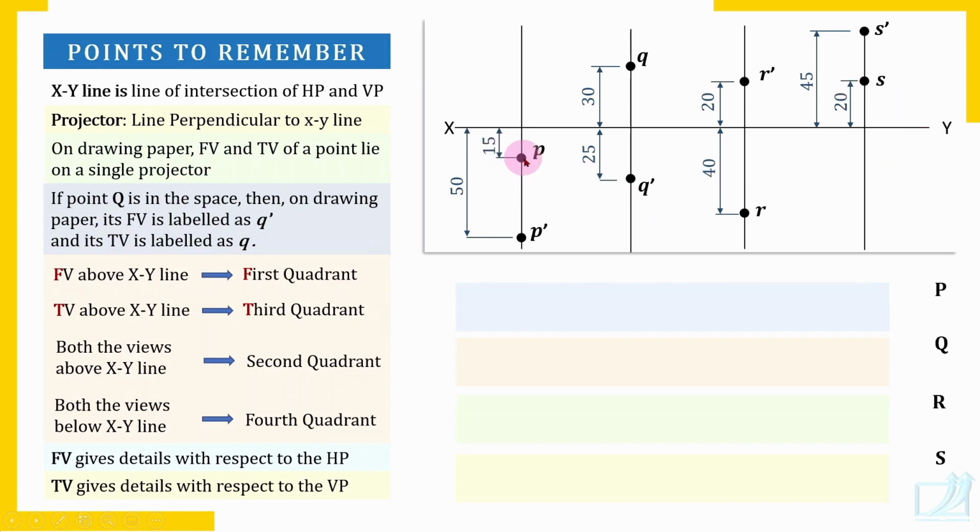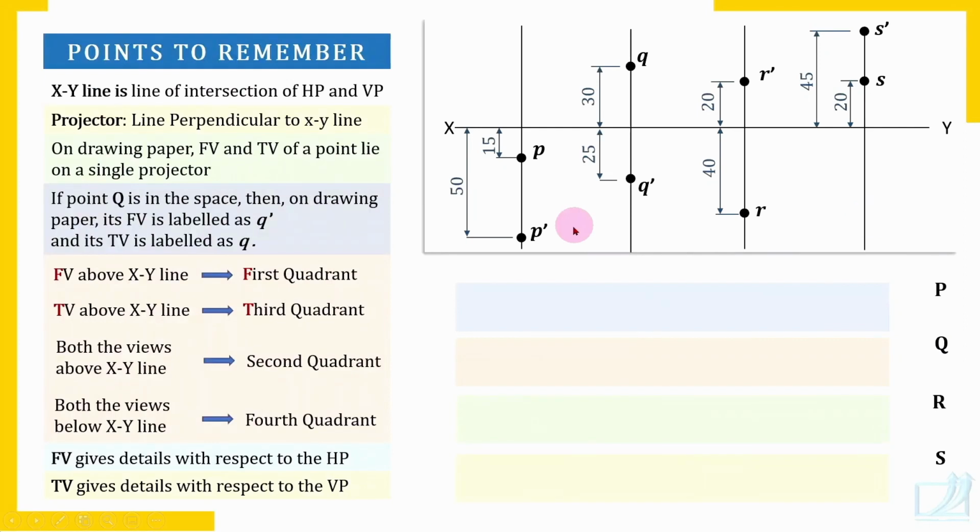So 15 millimeter, that is distance of P from VP. 30 millimeter, that is distance of Q from VP. 40, distance of R from VP. And 20, that is distance of S from VP. So which point is nearest to VP? Point P. So this point P, which is in space, from drawing you know that it is nearest to VP.